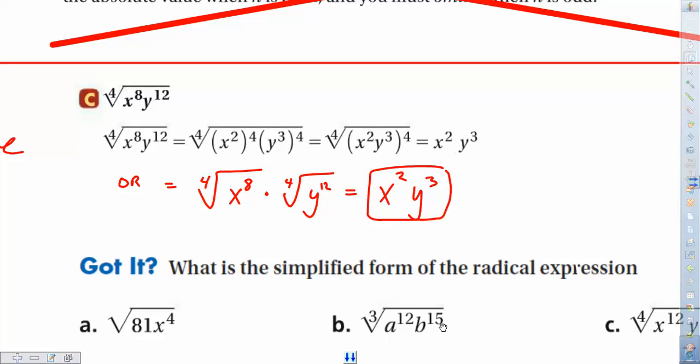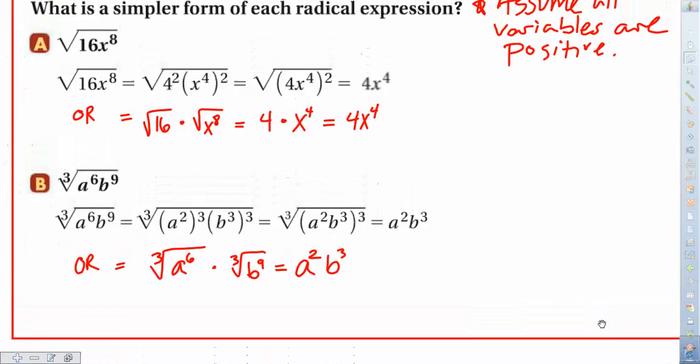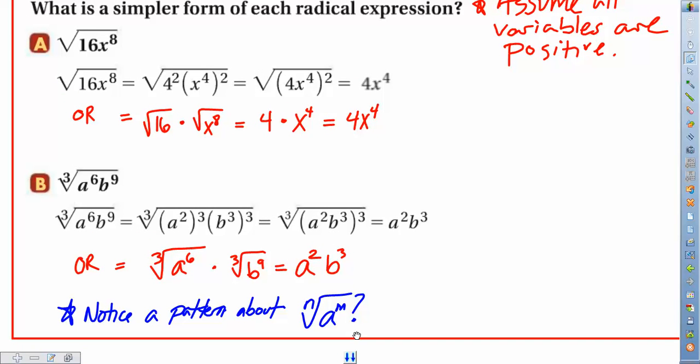So here's the question I want us to think about, just for a second. Are we noticing a pattern here? Let's look at these two examples. Do you notice a pattern that whenever we try to take an nth root of a to the m, in other words, this guy right here, and then that answer right there, do you see a connection between the 3, the 6, and the 2?